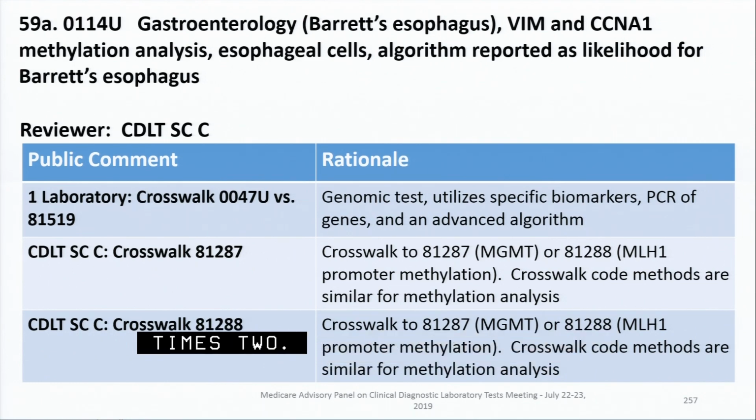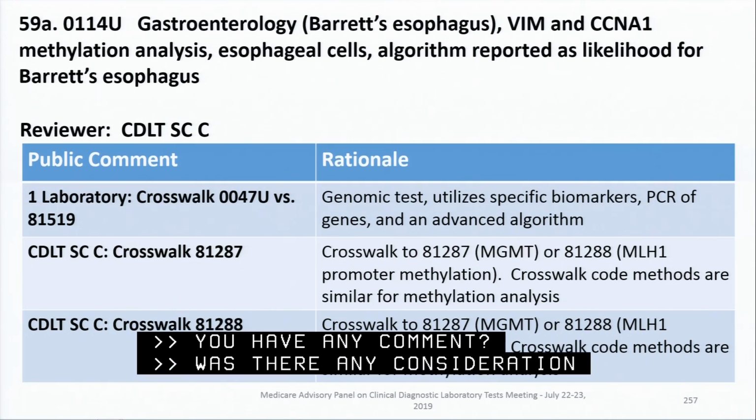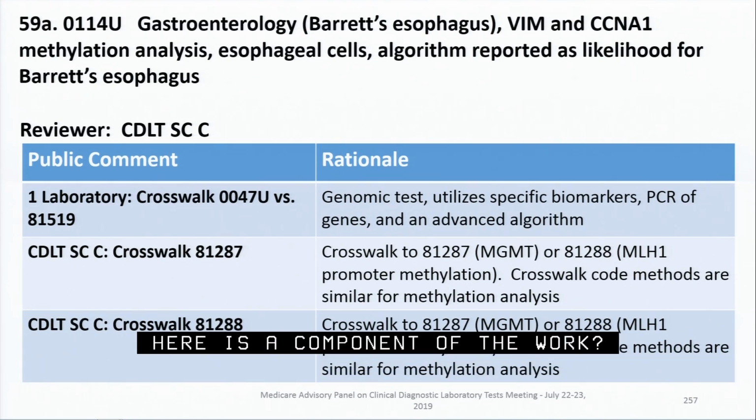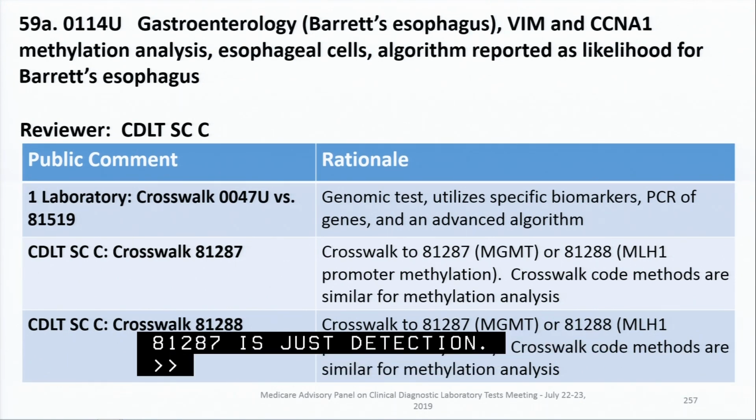Dr. Bossler? So was there any consideration about the algorithm that's involved here as a component of the work? Because 81287 is just detection. Yeah, no, I think all methylation assays require an algorithm, so that's part of the one that we're proposing that would be included in that.